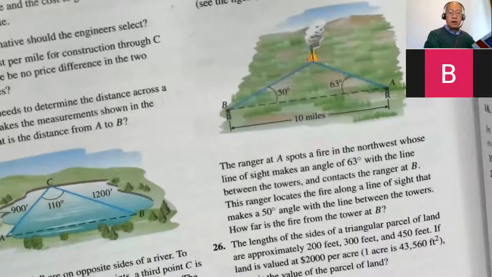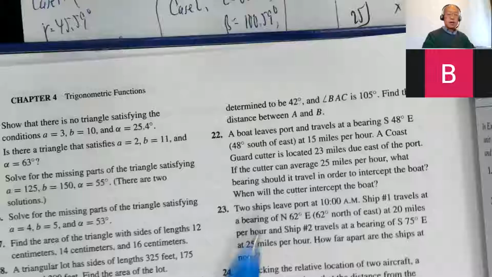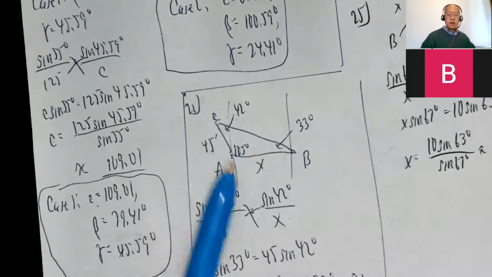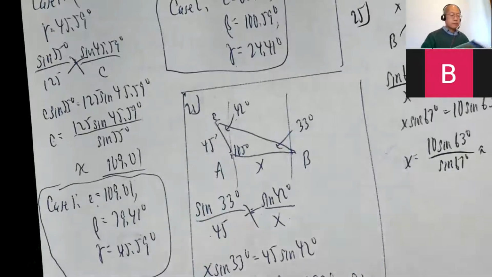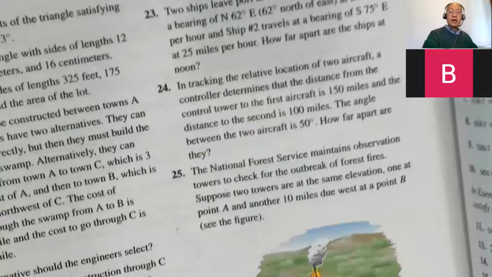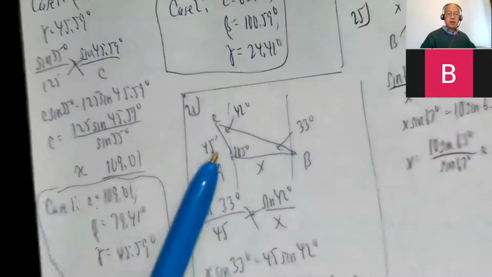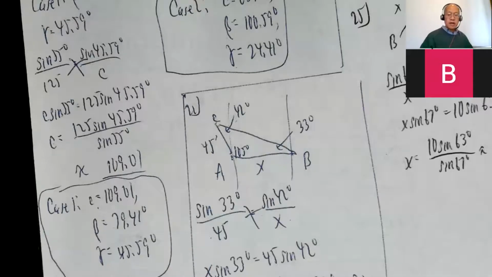Angle ACB is determined to be 42 degrees. Okay, you can measure that. Angle BAC is 105 degrees. Find the distance between A and B.